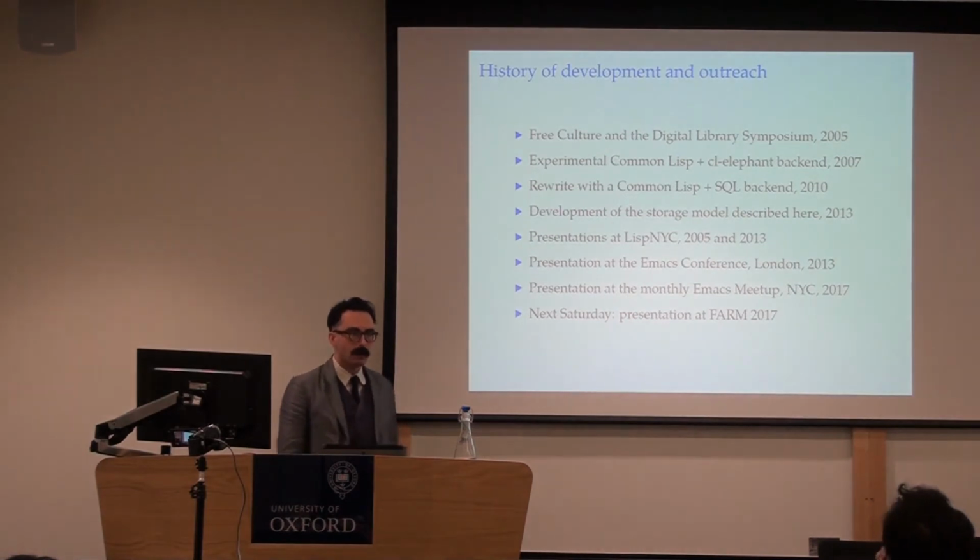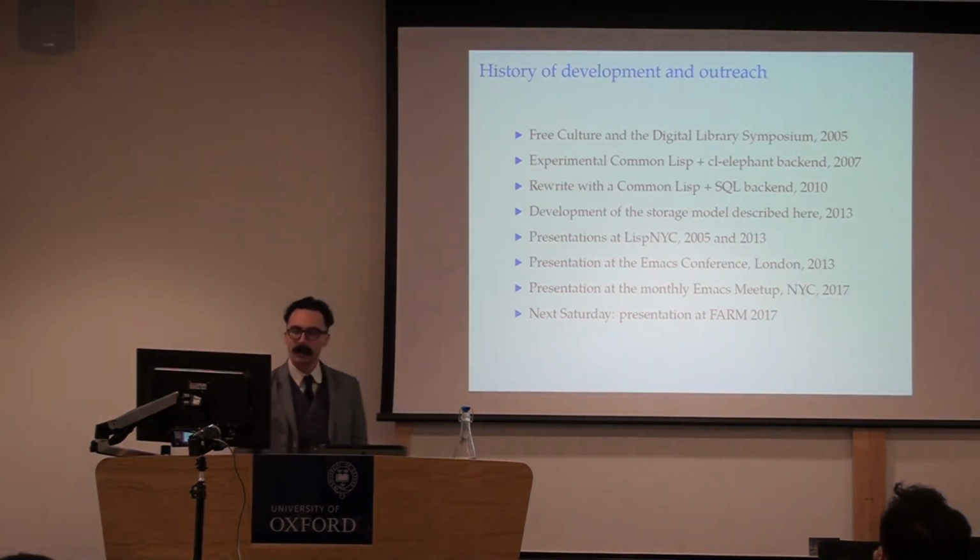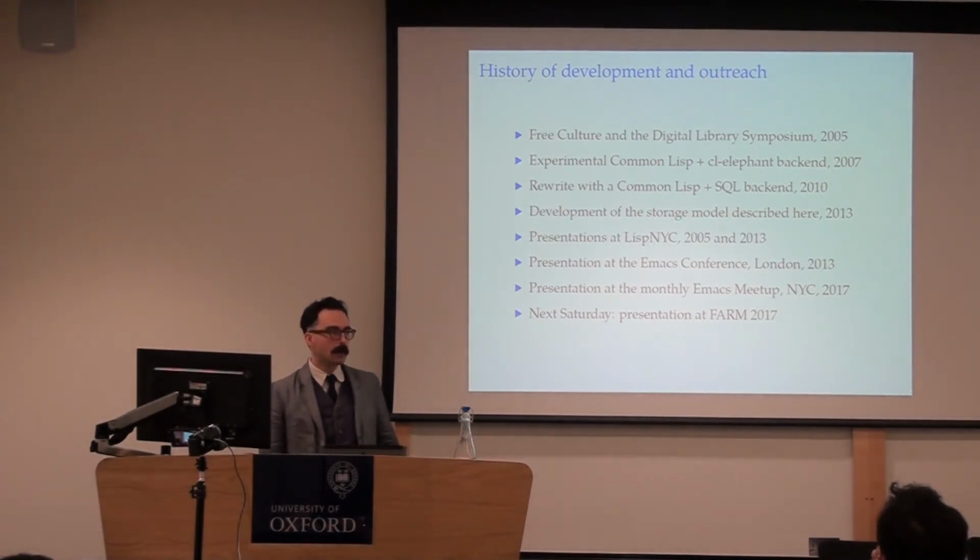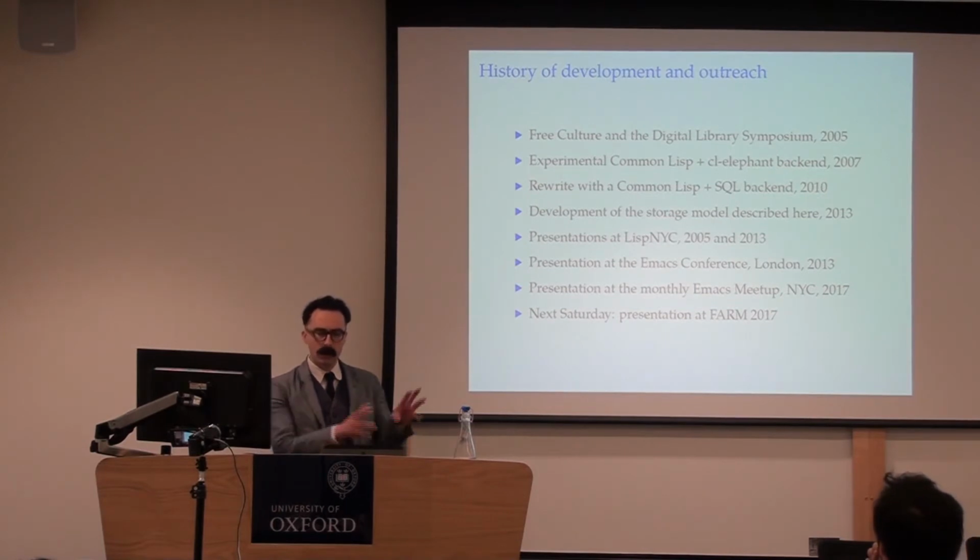And so yeah, here's the history. The first talk about it was in 2005 with a really great demo. I don't think we've ever given such a great demo since then, because after that we started tinkering around with the back end. So first it was just Emacs, then I rewrote it to have a bridge to Common Lisp. At that time, this was just to use the Common Lisp interfaces to different database backends, which I think now you could just do in Emacs.